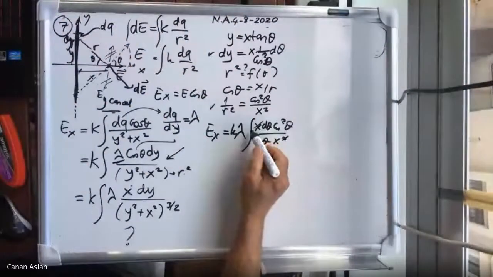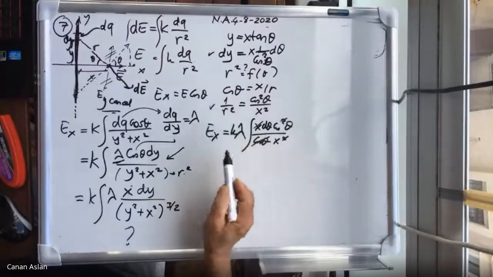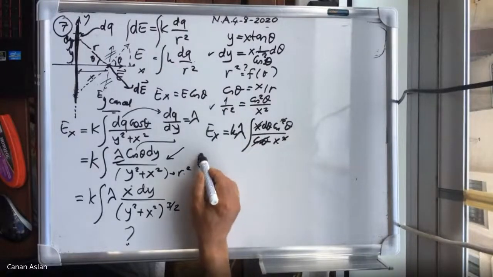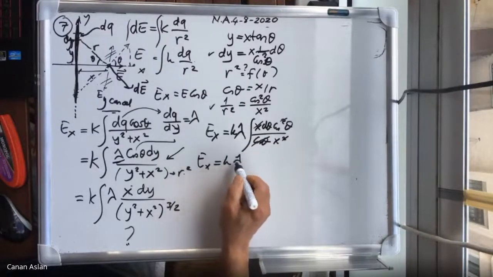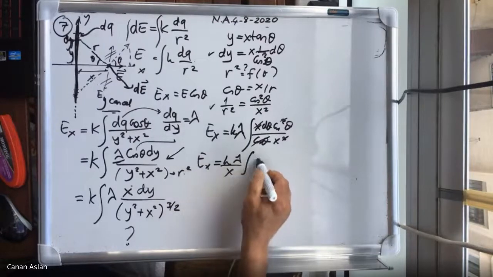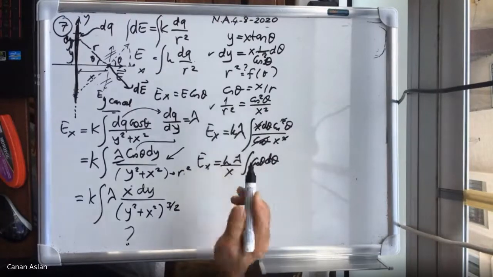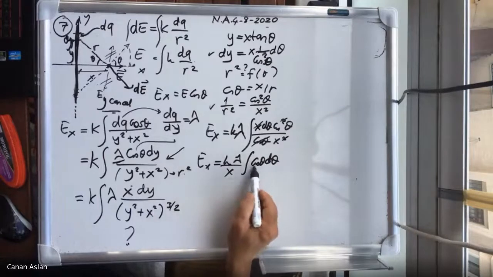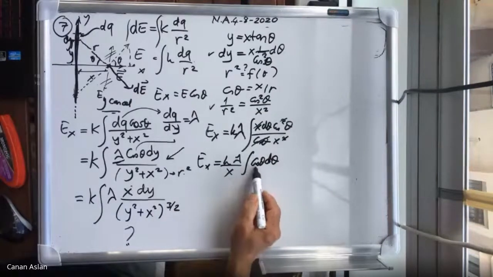So these x squares will cancel, and then one of the cosines will cancel. Wow, we end up with a very simple integration, k lambda over x times the integral of cosine theta d theta. It's brilliant, because the integral of cosine theta is just sine theta.